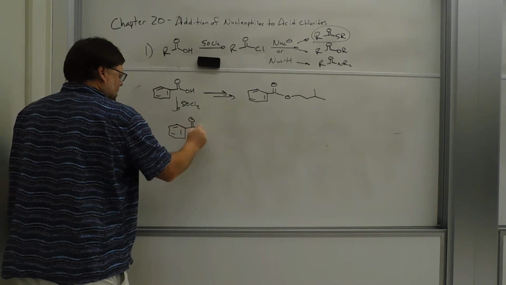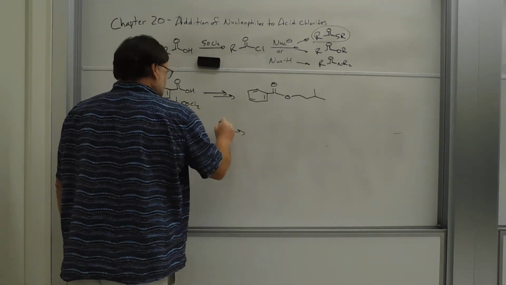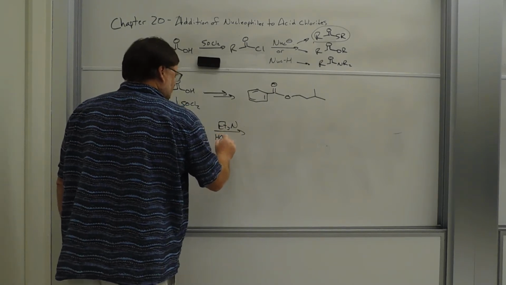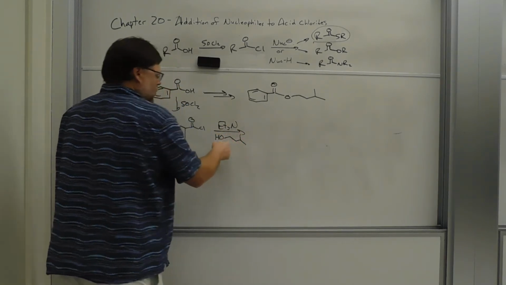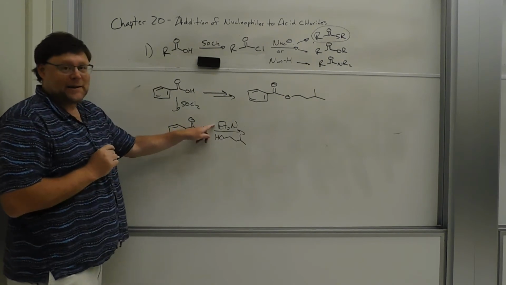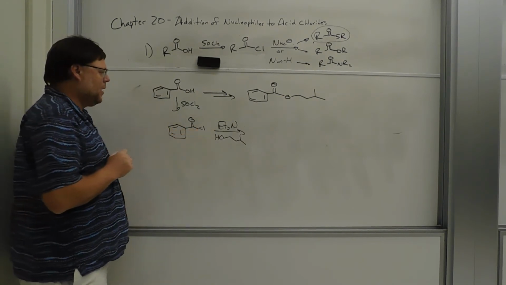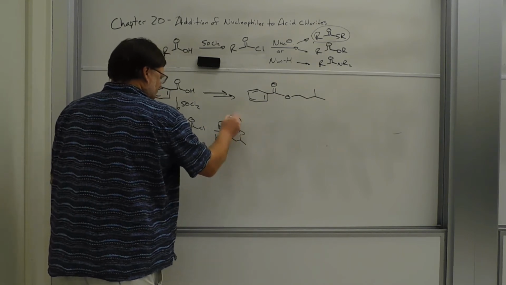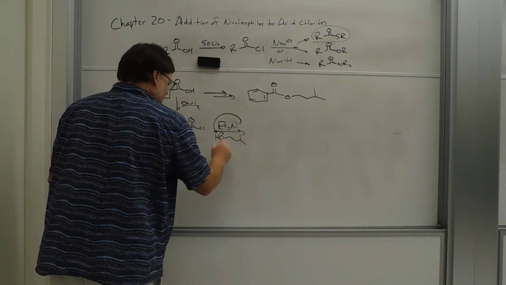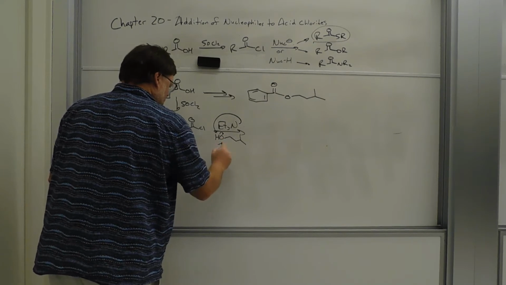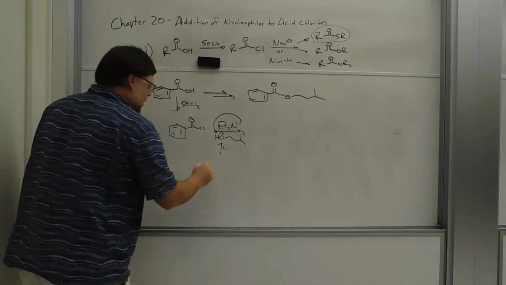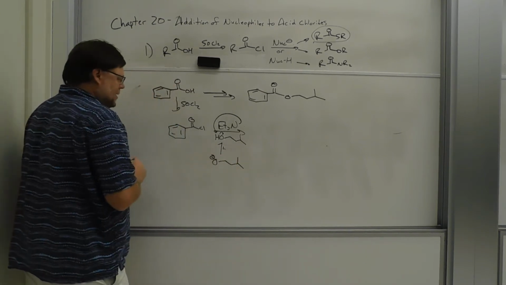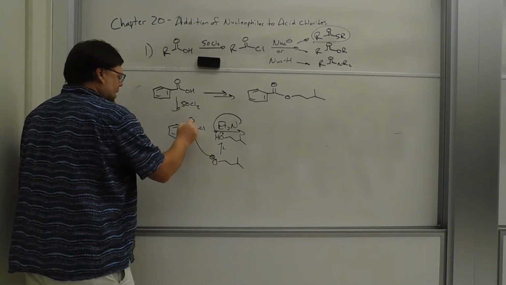This gets us our acid chloride, and then we can treat the acid chloride with the alcohol, and we put some base in there. All right, and so there's going to be an equilibrium here. This equilibrium really favors the starting material, but we'll have a little bit of this alkoxide, and then that alkoxide can add in.